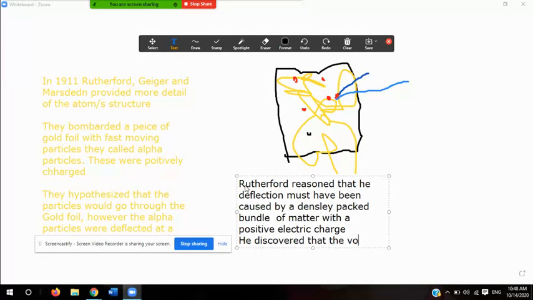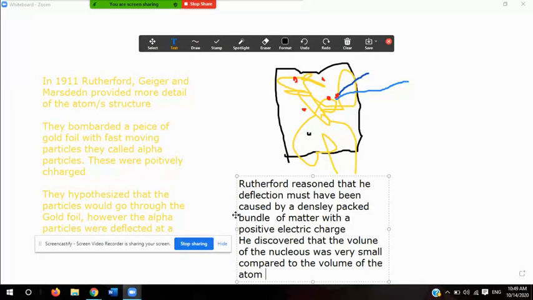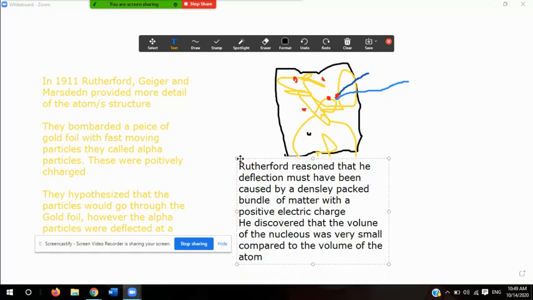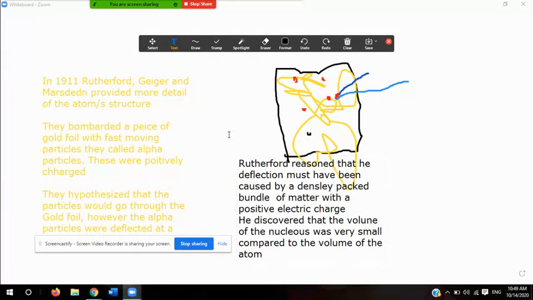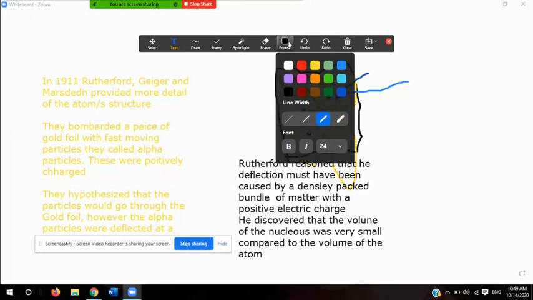So basically, he discovered that the atom not only had electrons, but that there must be protons, and that they were tightly packed, and that the nucleus was very small compared to the rest of the volume of the atom.